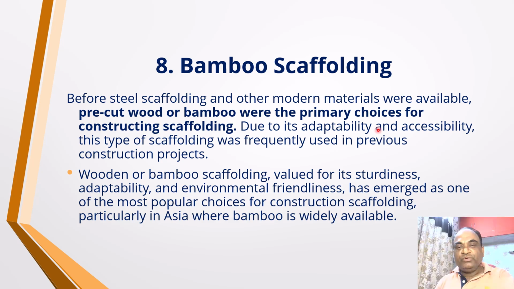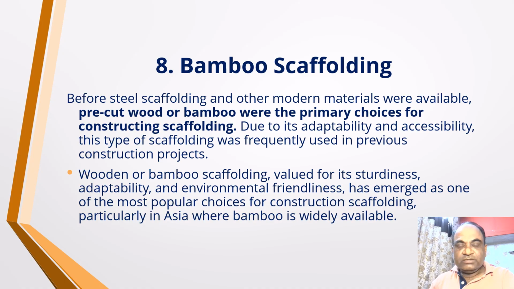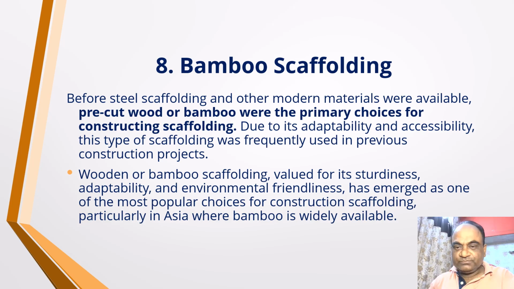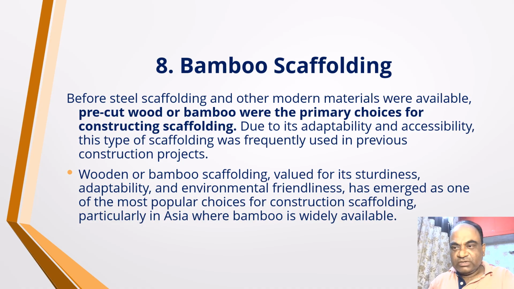So where the bamboo is an item that is easily available in the market. So in the country like India, China, Nepal, all these countries, bamboos are grown in the farms to support certain things.